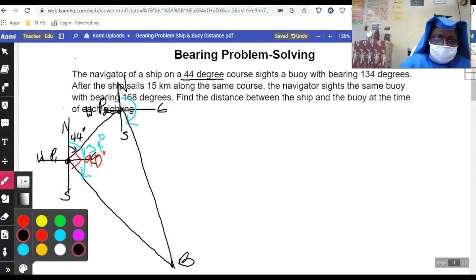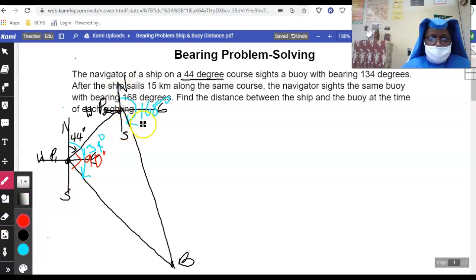So this is 168. All right, so now let's see what is left off of 180. 180 minus 168, that's 12. So this little angle here will be 12. Right? To complete it, 180.